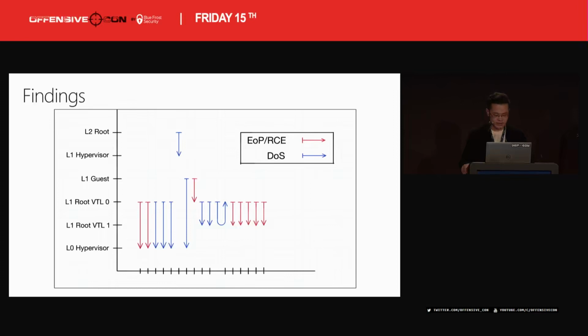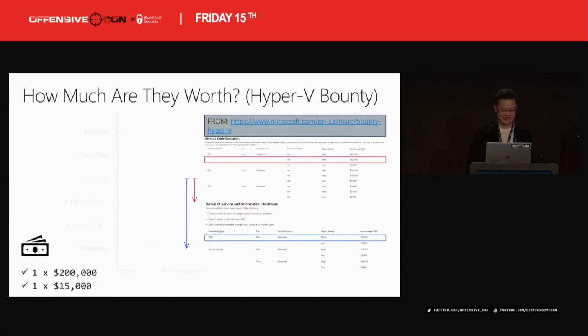So you may want to know how much those findings are worth if they are reported from external security researchers like you guys to my MSRC. Let's see. 2 of the findings are qualified for the Hyper-V bounty, and you can find more details about the Hyper-V bounty through this link.